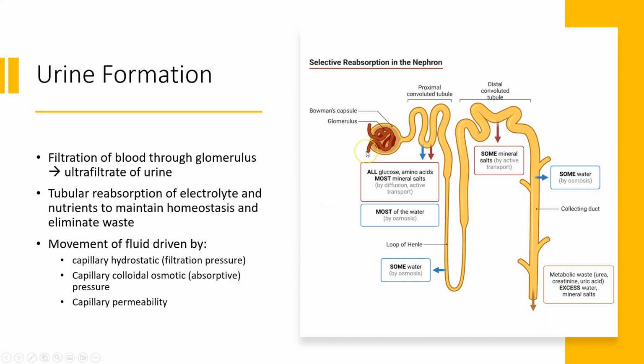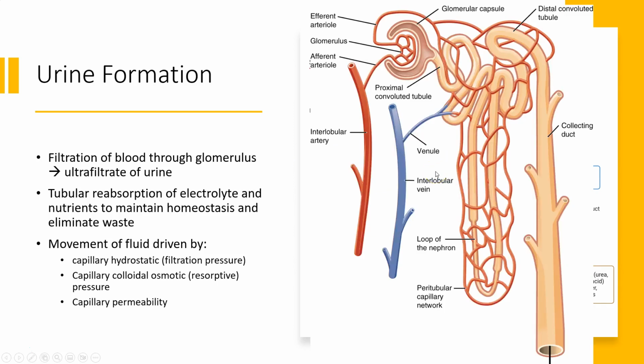So when we looked at the glomerulus, we saw where blood flows through the glomerulus, and some of it gets filtered out and enters into the Bowman space within the Bowman capsule. That then opens into our tubular areas.